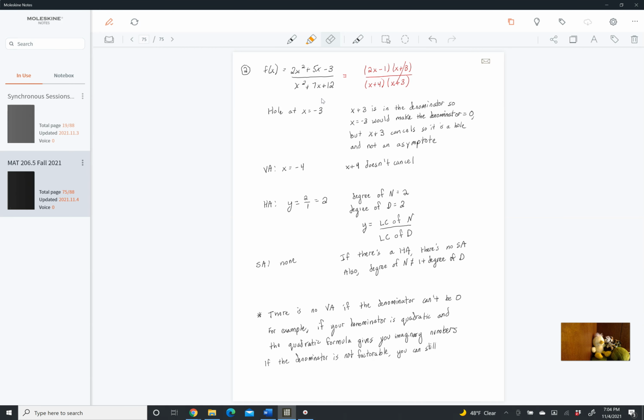That's because we have a lot of, and I use quadratics because you're familiar with that, we have a lot of quadratics that are not factorable, but they do give us real roots. Okay, so I just wanted to make a note of that because that does come up, I think, in one of the homework problems even. Okay, and that's it for asymptotes, and that's it for reciprocal functions.